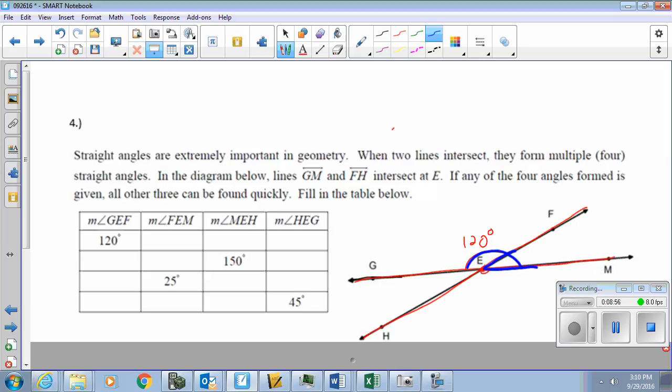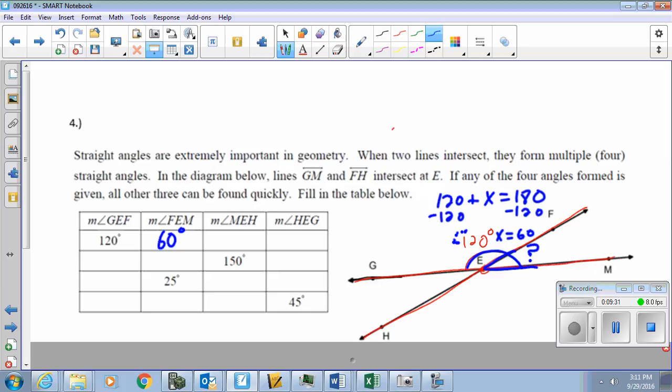So remember, a line, they are actually a linear pair we talked about, which means they add up to 180 degrees. So whatever this angle is over here, this angle plus this angle have to be 180. So 120 plus what is equal to 180, right? And hopefully you know that this is going to be x is equal to 60. So FEM would be 60.